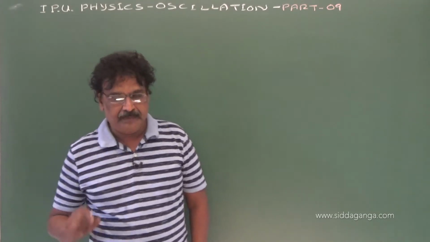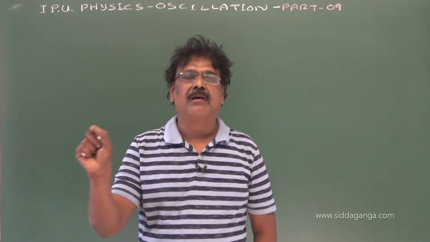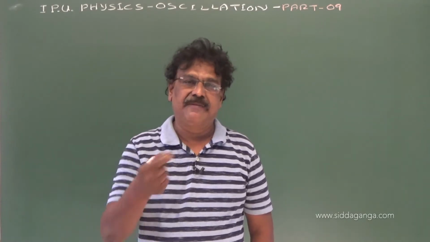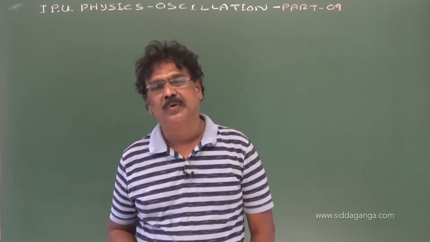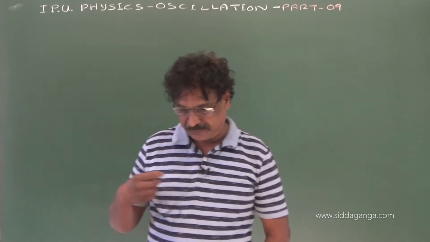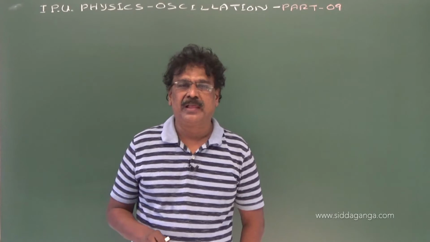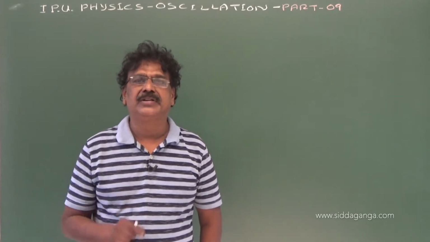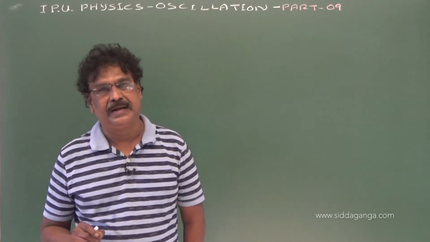One, period of oscillation of combination of springs as well as period of oscillation when a spring is connected to two masses. At the same time, we have derived the expression for period of oscillation of a simple pendulum, right?